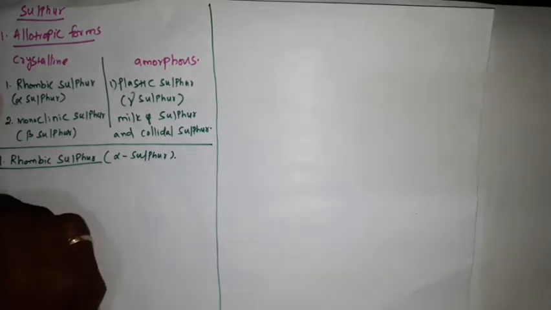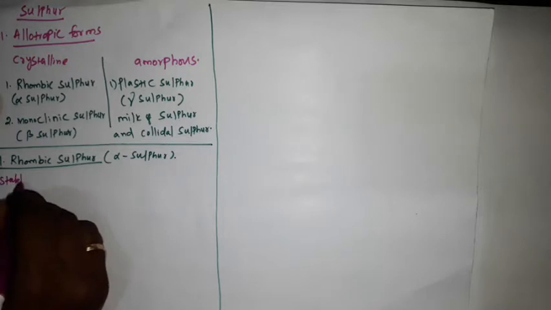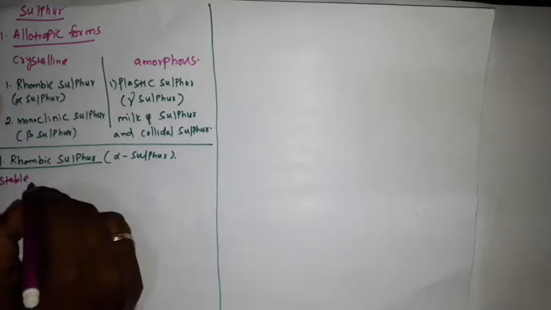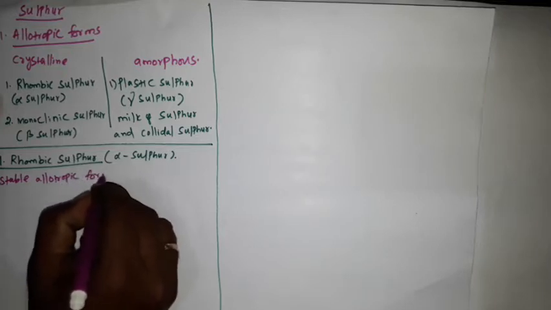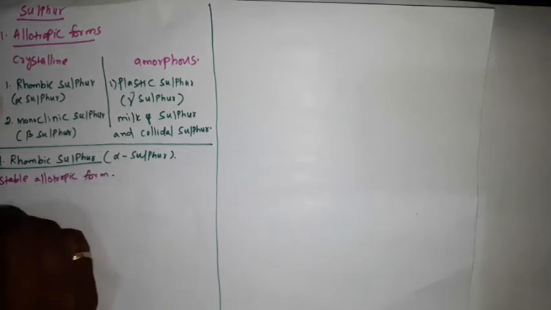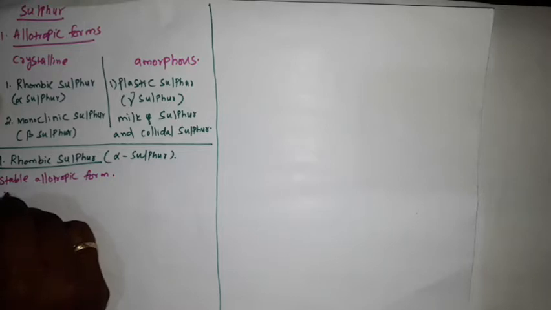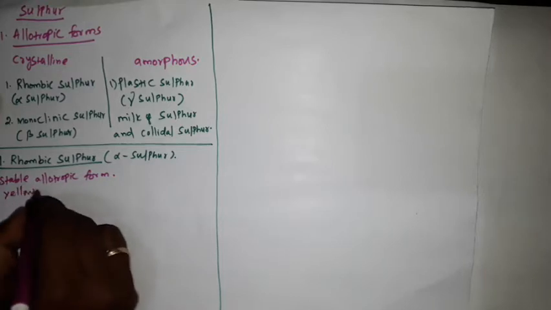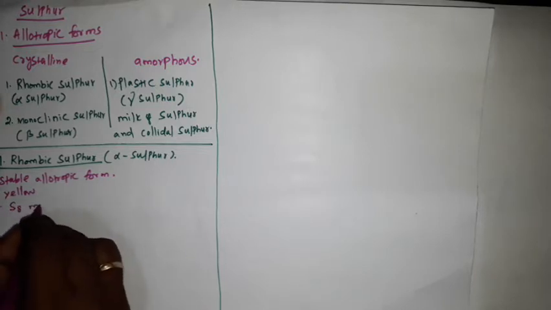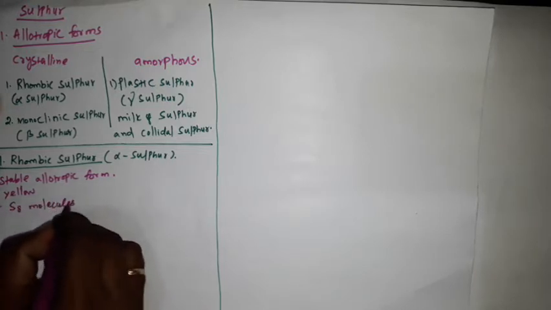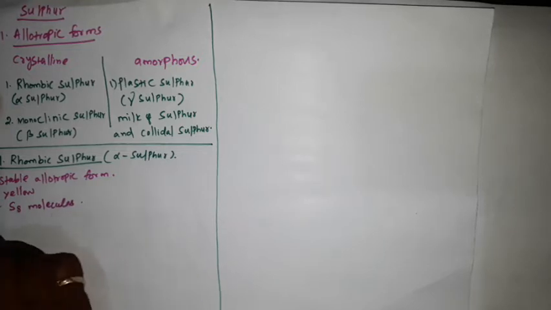Thermodynamically it is a stable allotropic form. The color is yellow, and it is composed of S8 molecules.